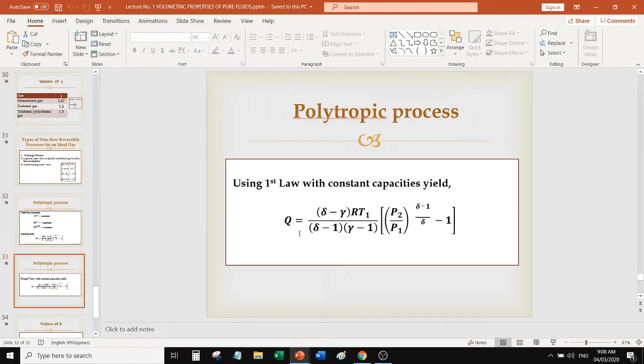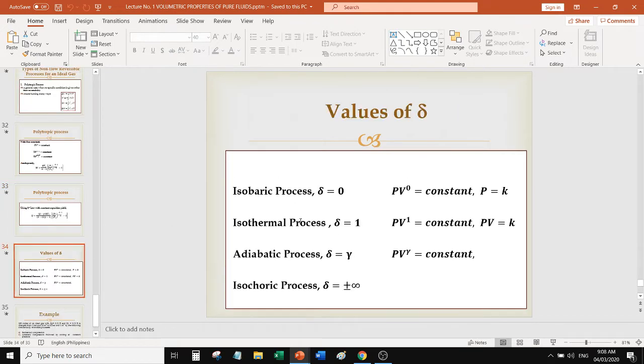But we can also make use of this work and Q equations. And then this last slide will show that actually if we replace delta with certain values, we get the equations for each type of special process.